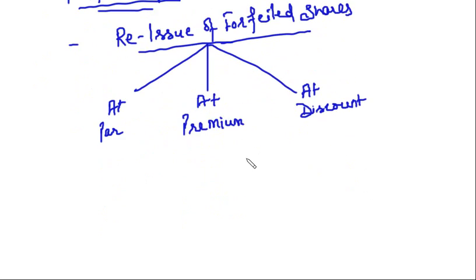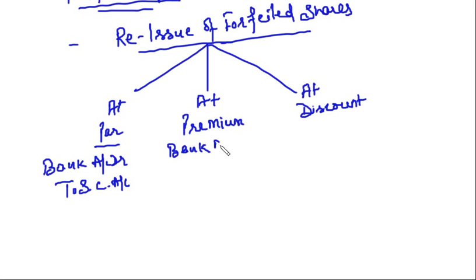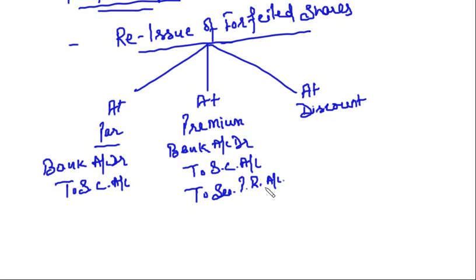Right? So if the reissue is at par, then the journal entry is bank account debit to share capital account. If it is at a premium, then the journal entry is bank account debit to share capital account, and the securities premium will always be transferred to a separate account known as securities premium reserve account, right?